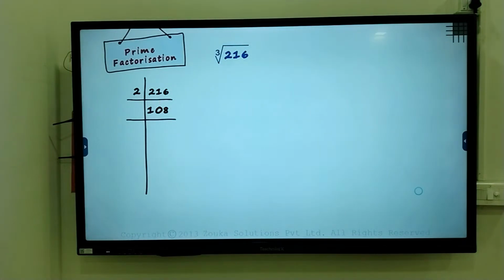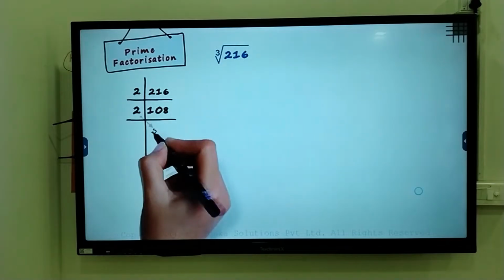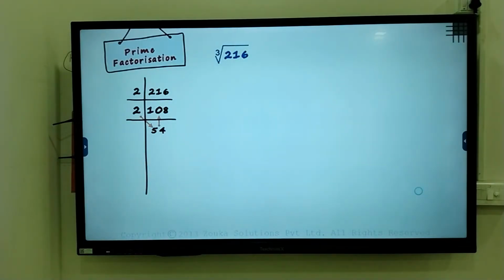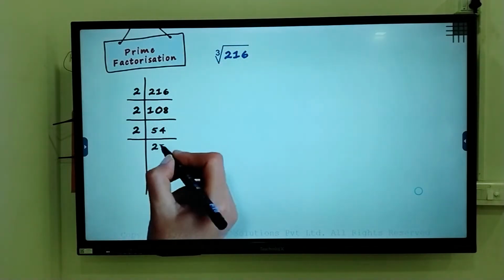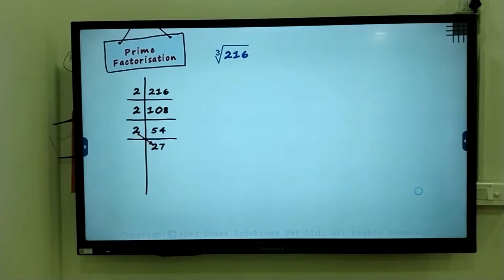So we continue with the same procedure. We think of a prime factor of 108. Well, 108 is also divisible by 2, and 2 multiplied by 54 gives us 108. Again, since 2 is a factor of 54, we write 2 here and write 27 here as 2 multiplied by 27 equals 54.